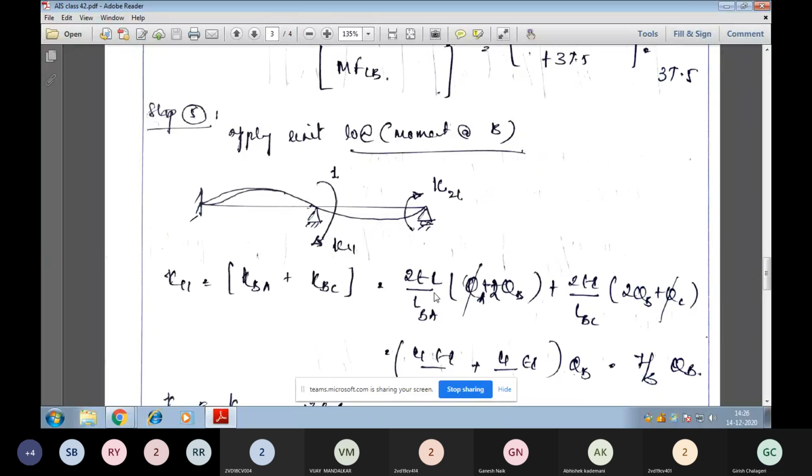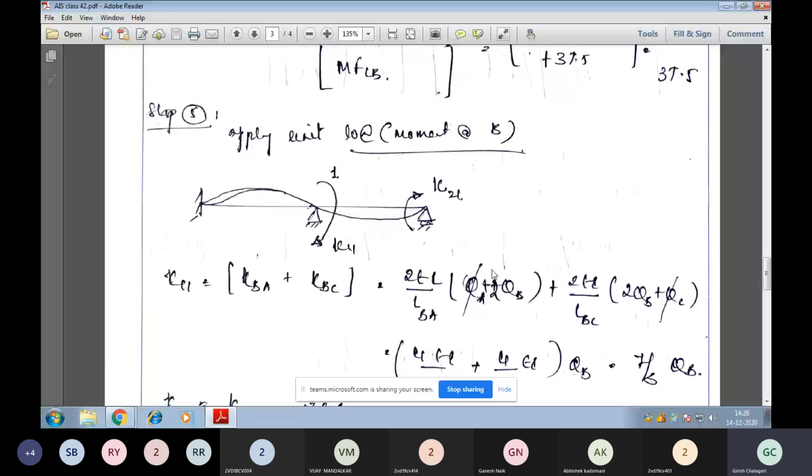Since we have applied a unit moment at joint B, other than the rotation at B, the remaining rotations will be 0. When we are finding rotations at the other ends, since we are applying a unit rotation at one joint, that is joint B, the remaining thetas, whether theta A or theta C, remain 0 here.